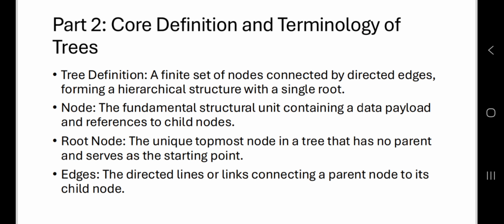It contains a data payload and references to child nodes. The root node is the unique topmost node in the tree. It has no parent and serves as a starting point for everything. Edges are the directed lines or links connecting a parent node to its child node.